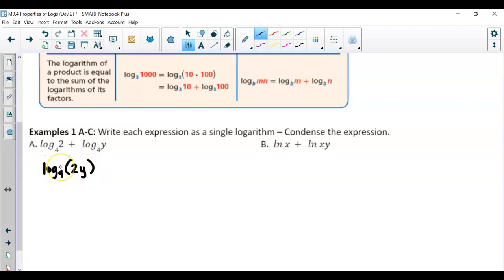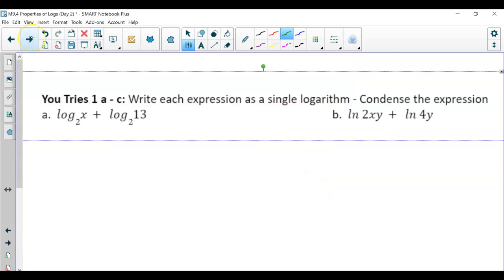And this is our log condensed. Then here, even with a natural log, we are adding, so we are multiplying x times xy. Now I could continue this because x times x is x squared, so natural log of x squared y. And this is our expression condensed.